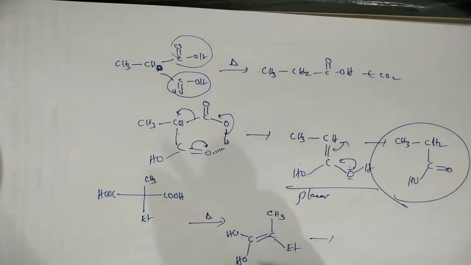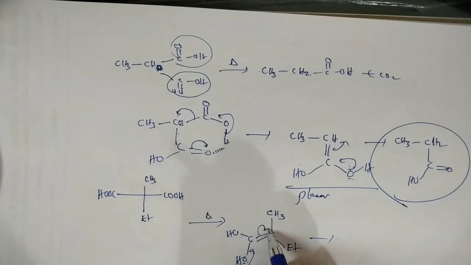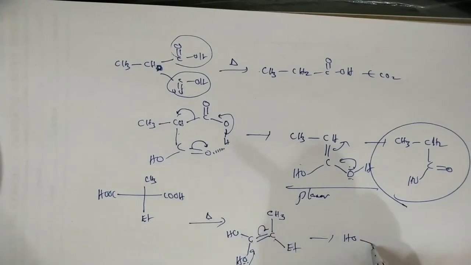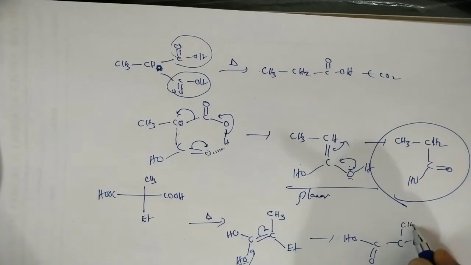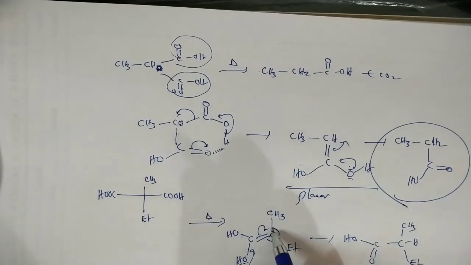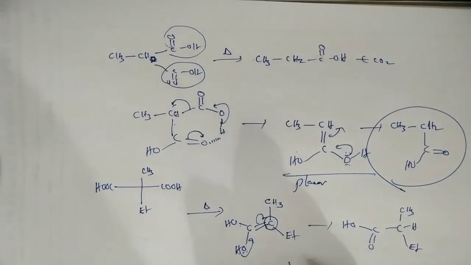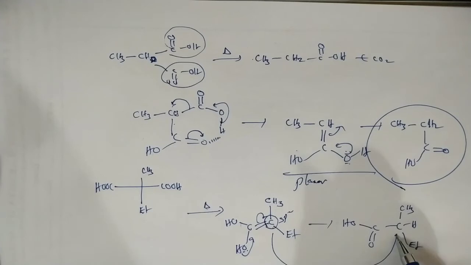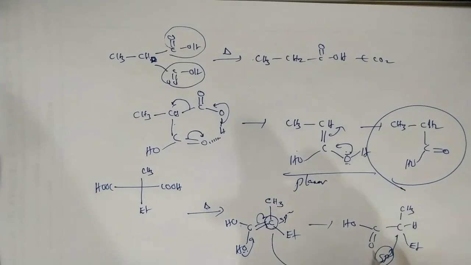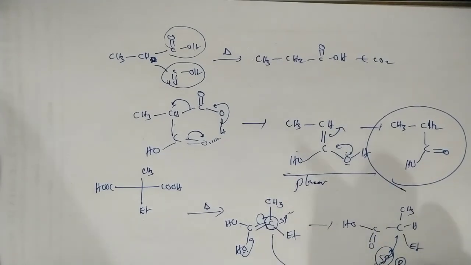Now again it is converted to that carboxylic acid, C double bond O, and CH, here CH3, and this is ethyl. Actually about this carbon, there is no stereochemistry, because it is the sp2 carbon. Now this sp2 carbon is converted to sp3. In this case it may have R configuration, or it may have S configuration.